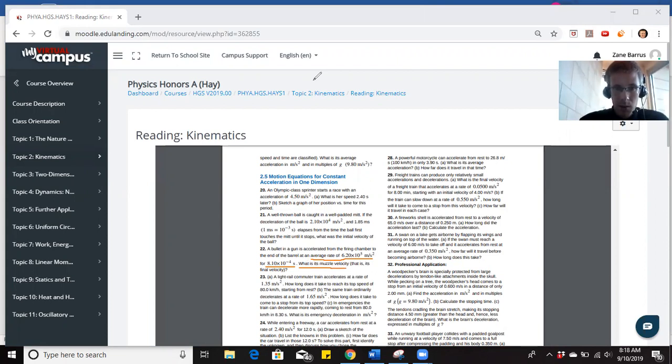There's a couple of things we need to do here to take stock of the information that's been given to us. If I was labeling what I know in the problem so far, I know that my time is 8.10 times 10 to the negative 4th seconds, because that's what they told me the total seconds was.